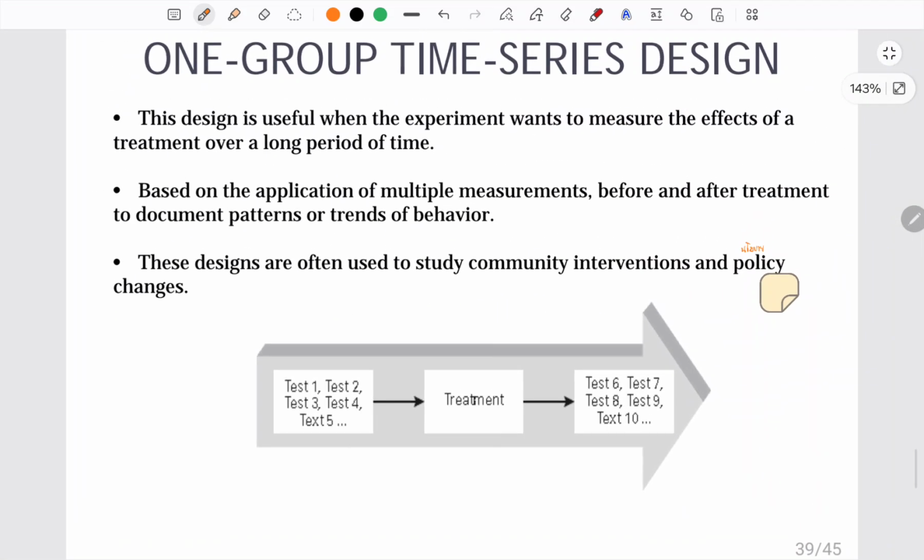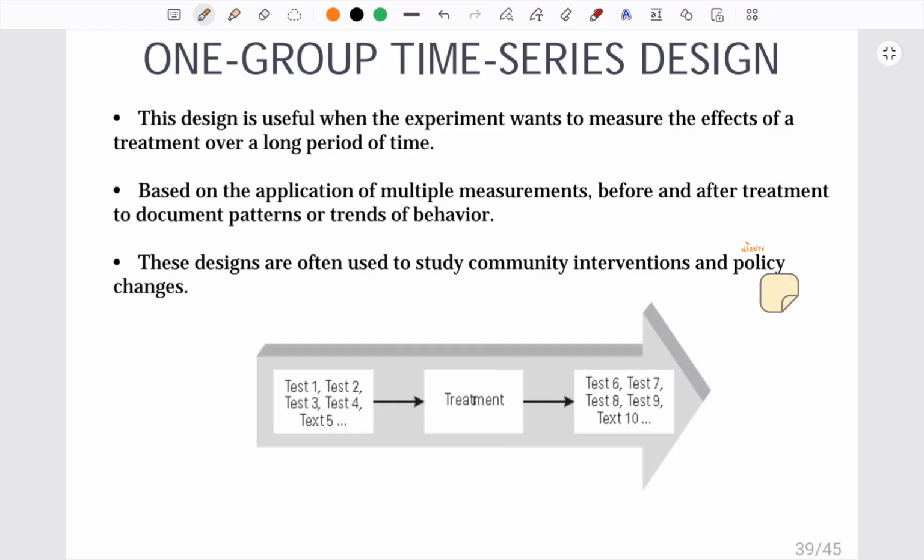Then there is a period in which you give them the intervention, for example physical activity education for maybe 6 months. After the 6 months of intervention, you follow up with them for another year, measuring their quality of life, falling rate, etc. every month, just like before the intervention.